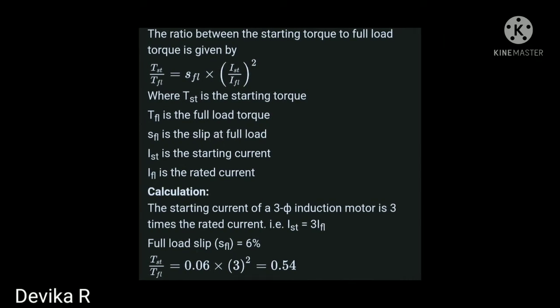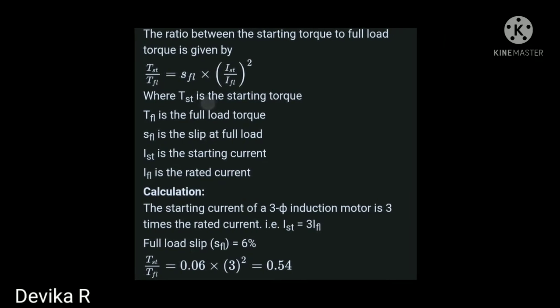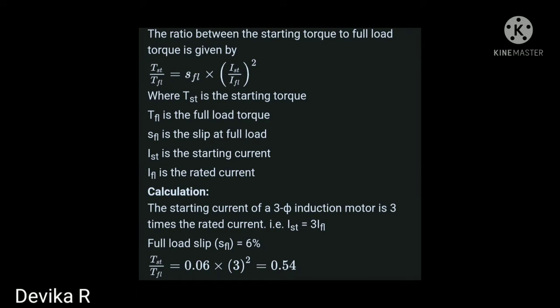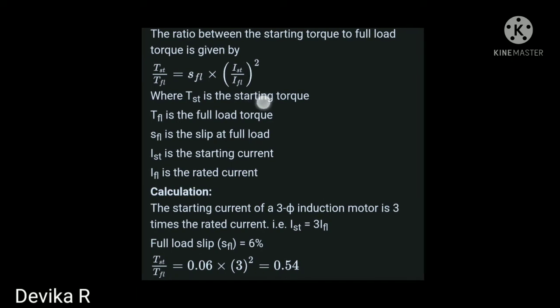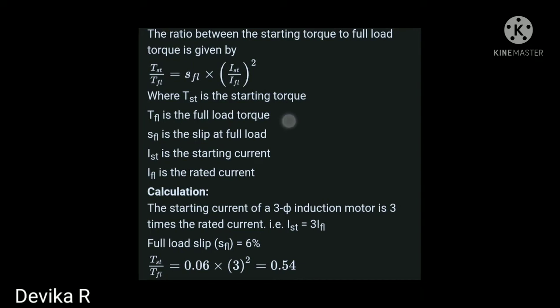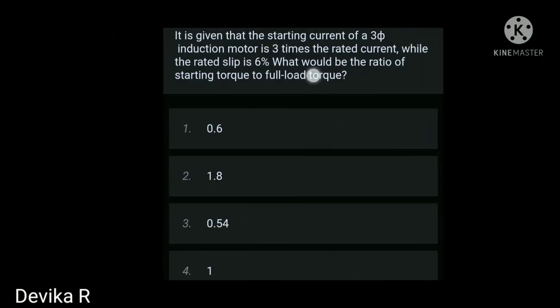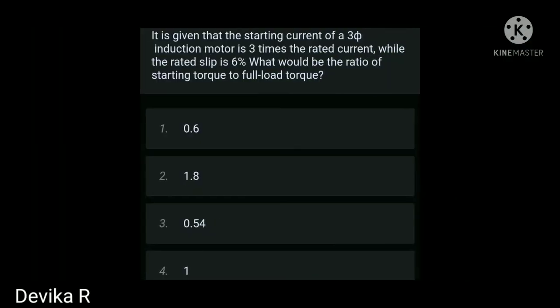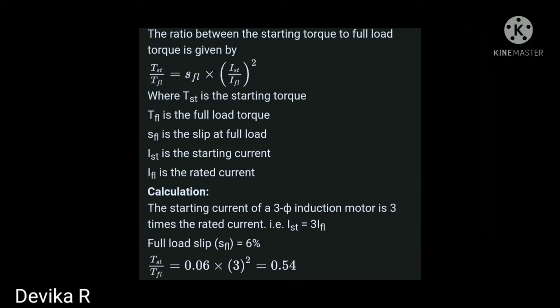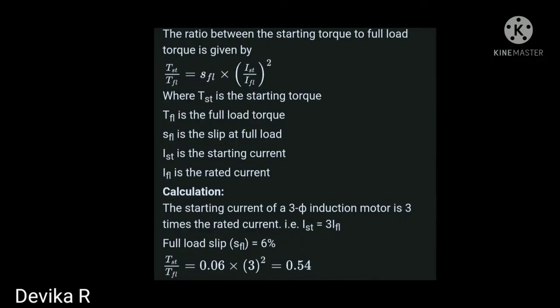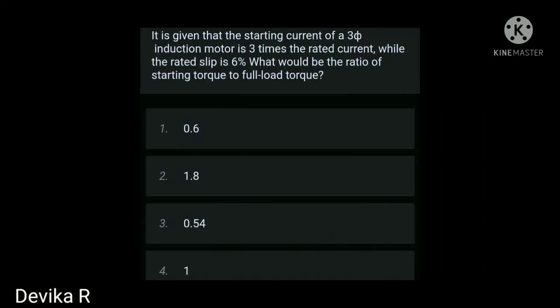Starting torque to full load torque equals the full load slip times the square of the starting current to full load current ratio. They ask for the starting torque to full load torque ratio, and what they gave was the slip and the starting current as 3 times the full load current. So multiply 3 squared into 0.06, and we get the answer. So 0.54 is the right one.